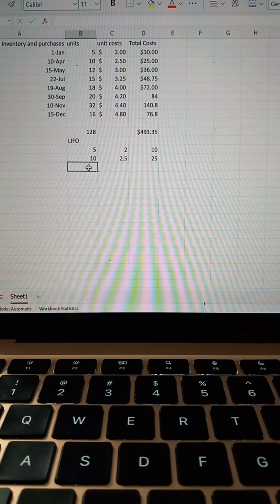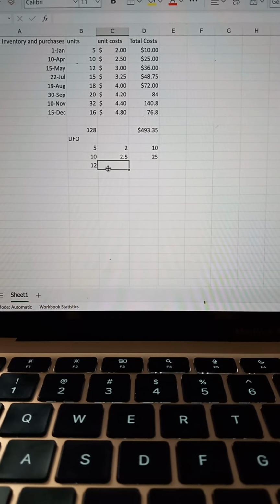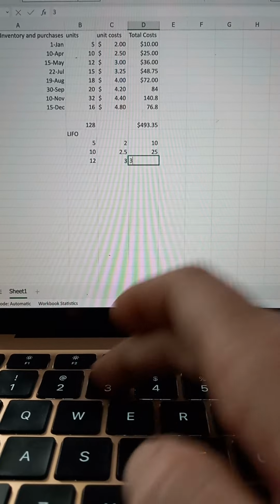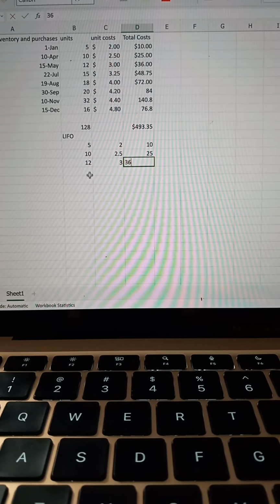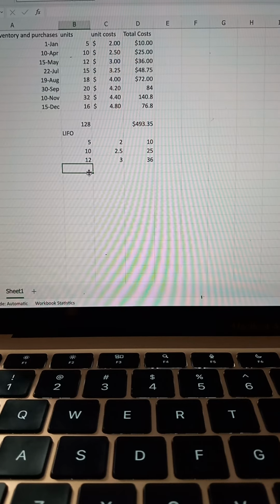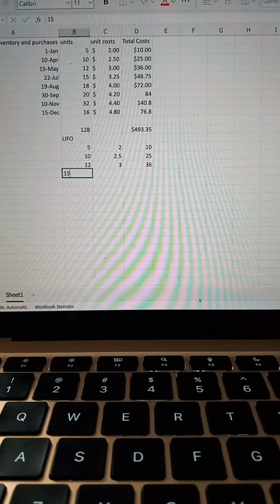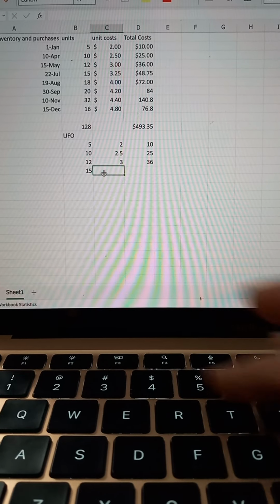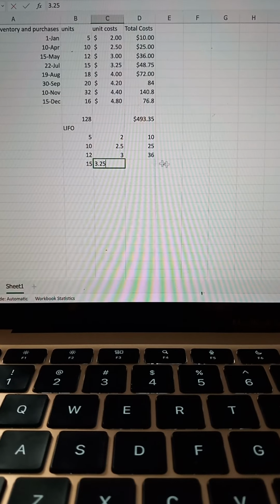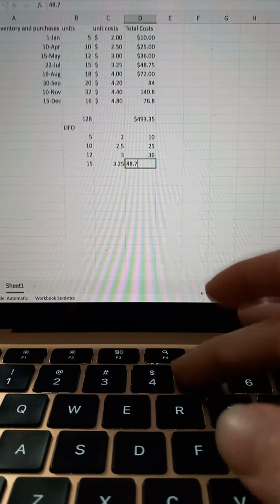And then we're going to do the 12, multiply that by the 3, gives us the 36. And then we're going to take the 15, multiply that by the 3.25, which gives us the 48.75.